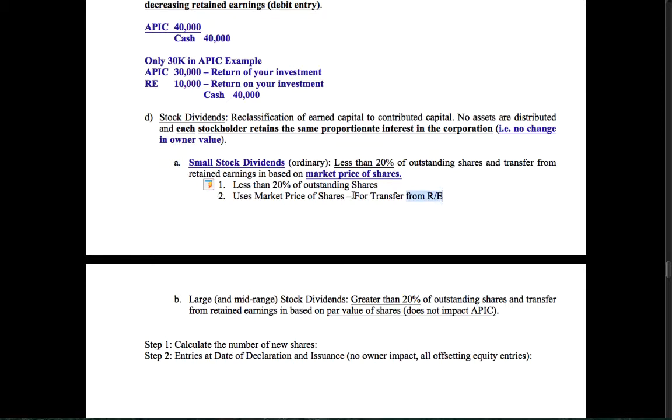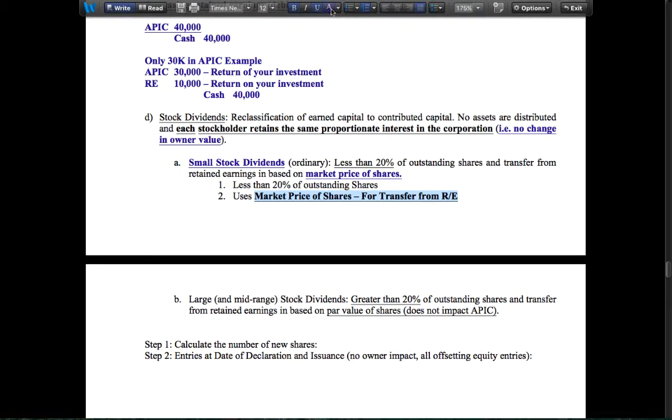You have to make sure you know that, because you will be given an example in a question that will simply state that company ABC decided to declare a 15% stock dividend of outstanding shares. Therefore, when you do the calculations, you have to know that the amount you're pulling from retained earnings needs to reflect the market price of those shares.